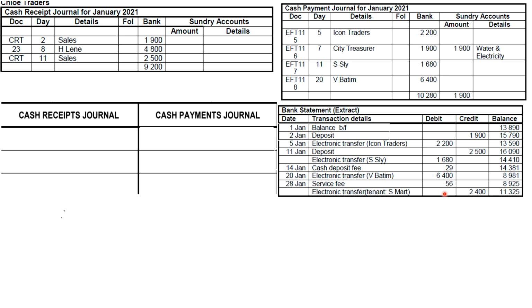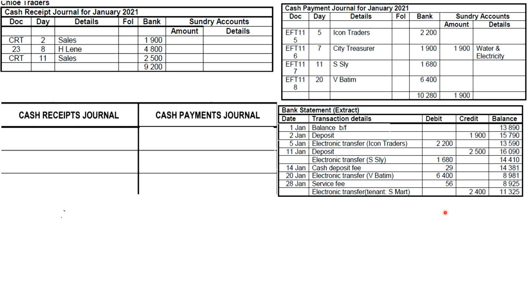So we're going to check if all these amounts in our CRJ and all these amounts in our CPJ show up here in our bank statement. And we'll also check in our bank statement if there are any amounts that do not show up in our journals, any amounts that we omitted when we're recording.